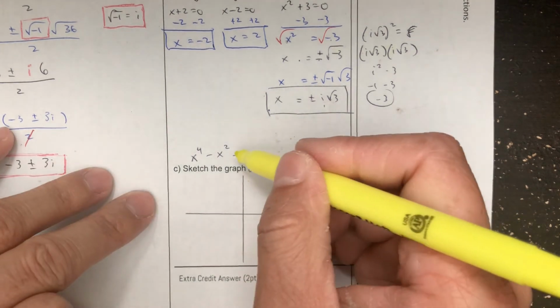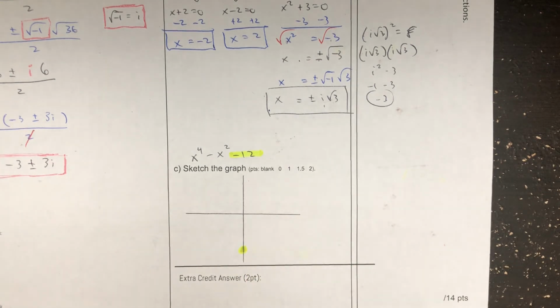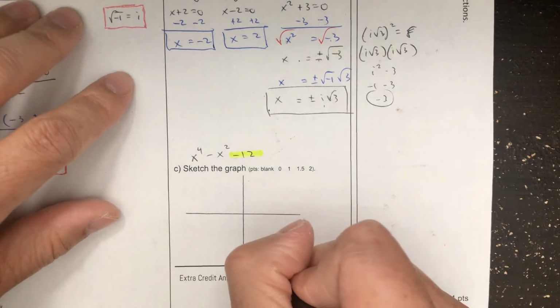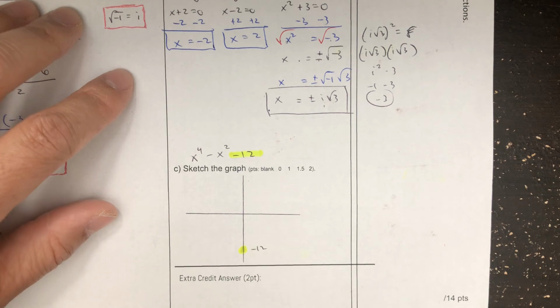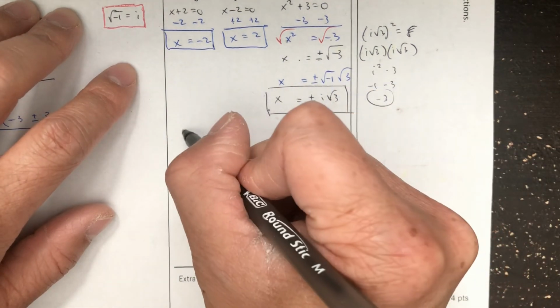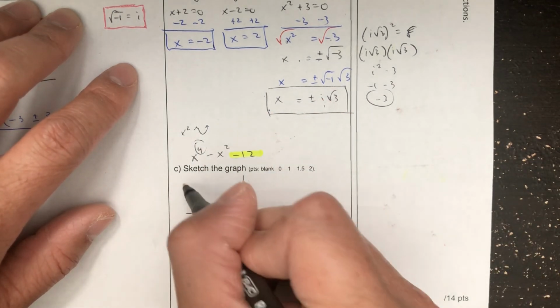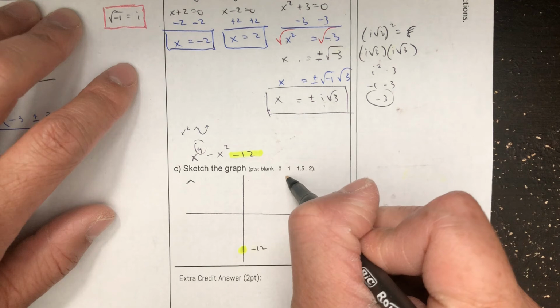Alright, so -12 is my y-intercept. Let's write -12. And it's to the power of 4, so it's an even degree like a quadratic. Starts up, ends up. The leading coefficient is positive, so your arrows stay that way.